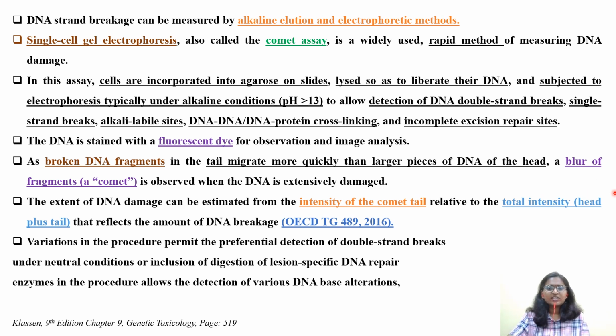So what it is saying is that from the classic Comet assay method, if you make some changes, you can identify other types of damage also. There are modified Comet assays as well, the Comet chip assay is also there, which you will see based on alkaline conditions and neutral pH conditions also.